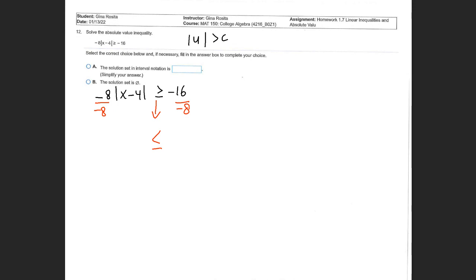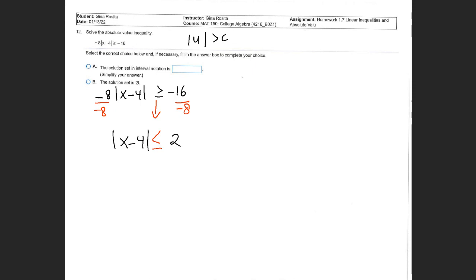After that, I write absolute value of x minus 4. Negative divided by negative is positive, 16 divided by 8 is 2. Now we have the new problem, less than or equal.